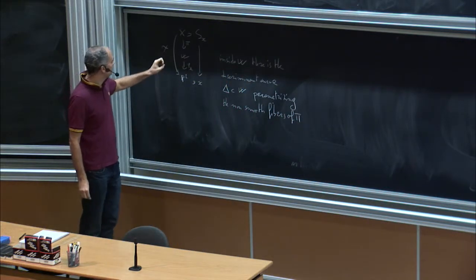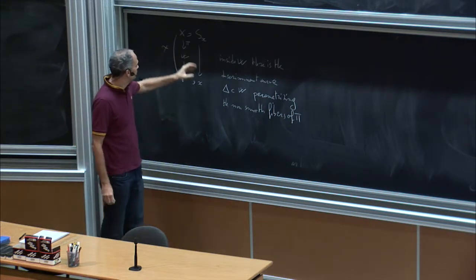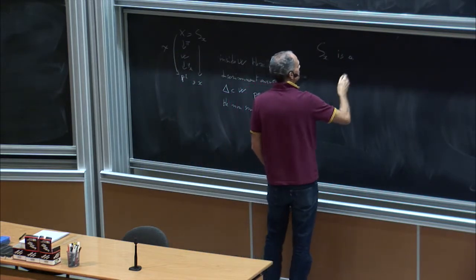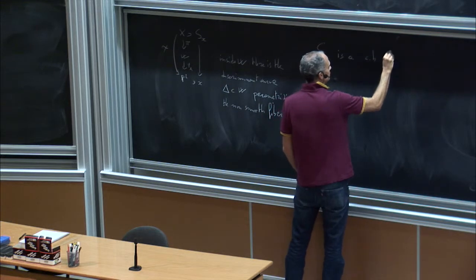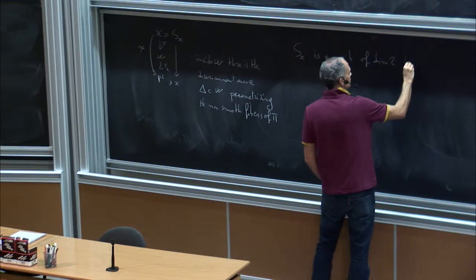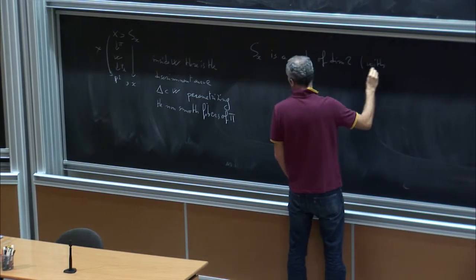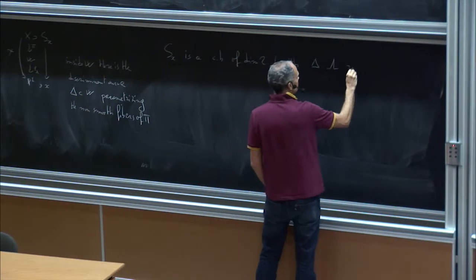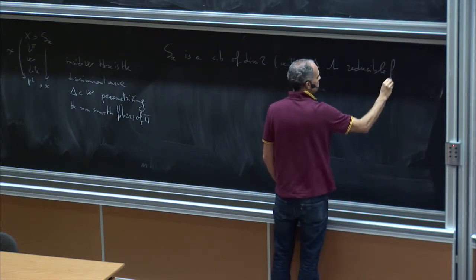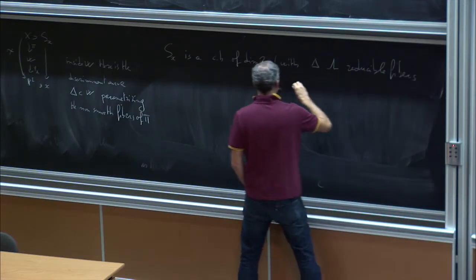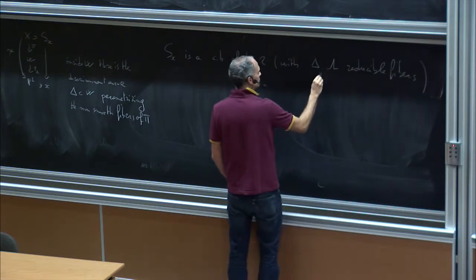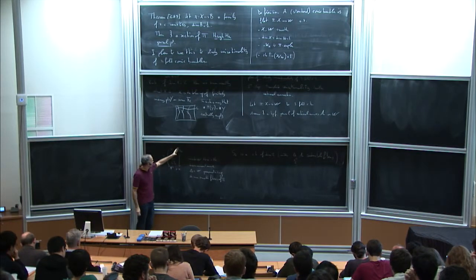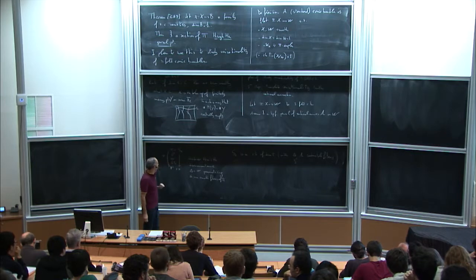So since my pencil is base point free, what I expect is that Sx is a conic bundle of dimension 2, with delta dot lambda reducible fibers. Let me call this delta. Okay. So the general fiber of psi is just a conic bundle of this type.